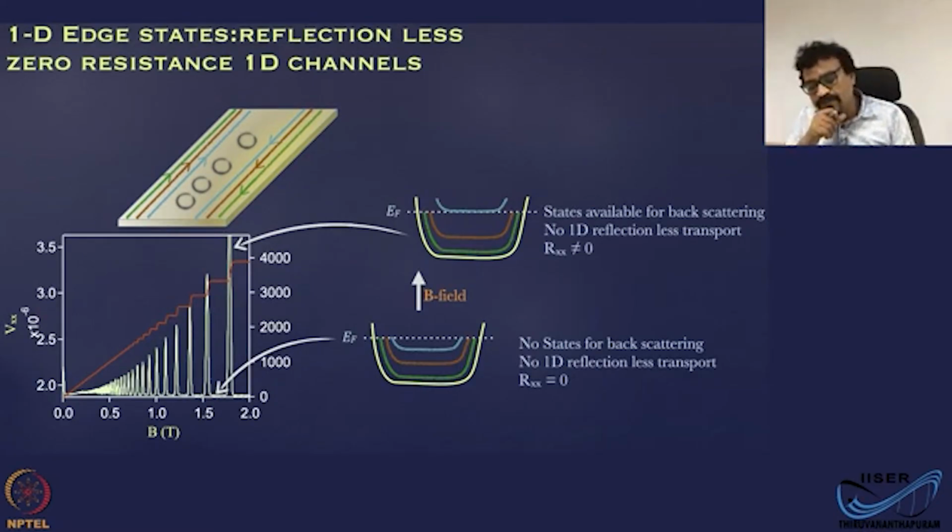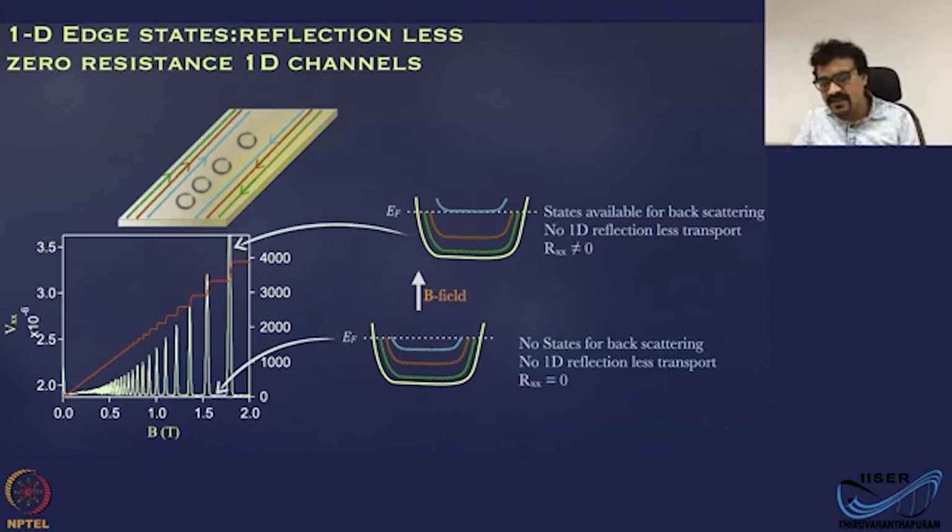Now, let us come back to the one-dimensional transport that we discussed for a while. I told you that the one-dimensional edge states are reflectionless, zero resistance, 1D channels.